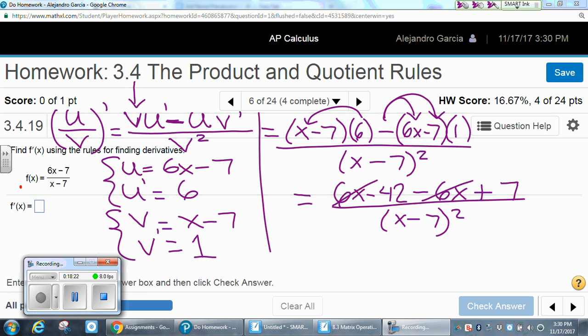On the top, we're going to have negative, what would that be, 35? Over x minus 7 squared.